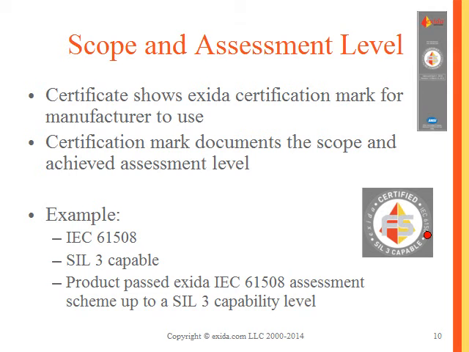But that's the standard, the scope, and the assessment level are embedded in that accreditation mark. And a product that has a certificate with this particular logo simply means that the product passed the exida 61508 assessment scheme up to a SIL3 capability level. We'll talk about what that capability level means in just a bit.